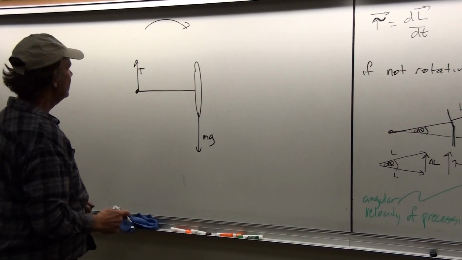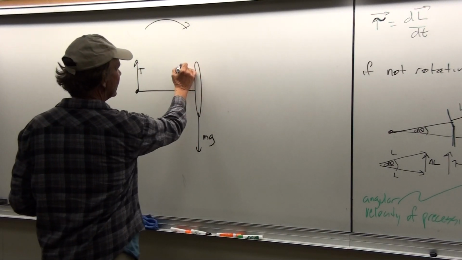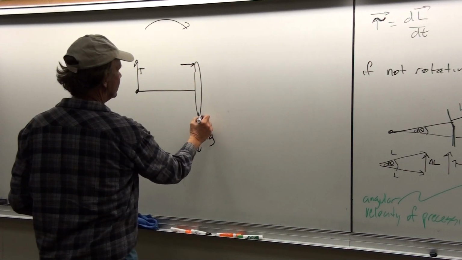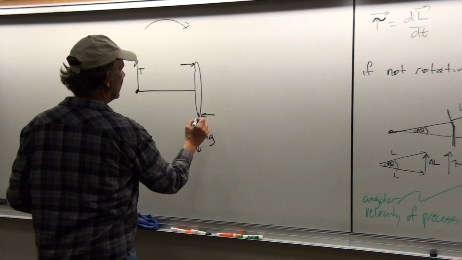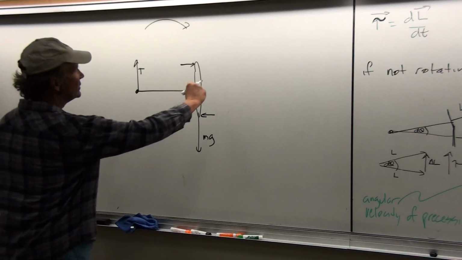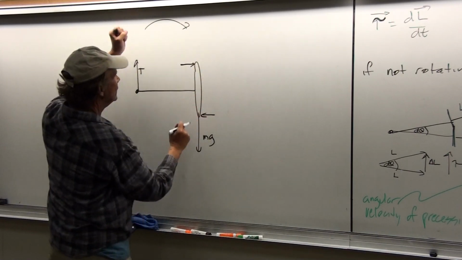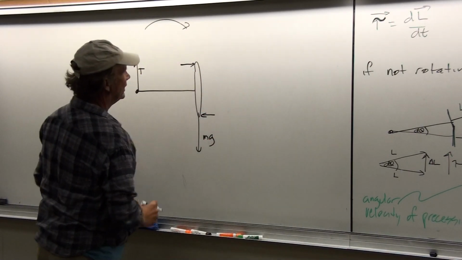But what I would like to contend is that that has the same exact effect as applying a force here and a force there on the disk. That should have the same effect of rotating this disk as the torque does in rotating the disk.